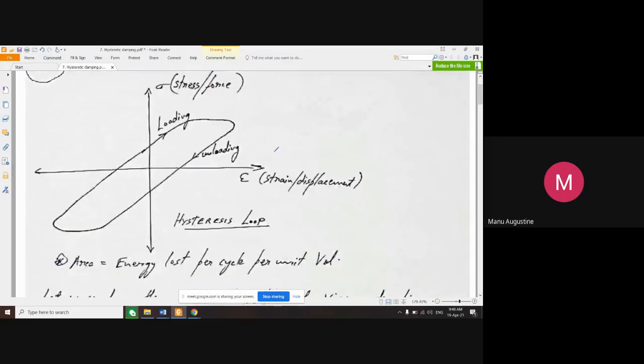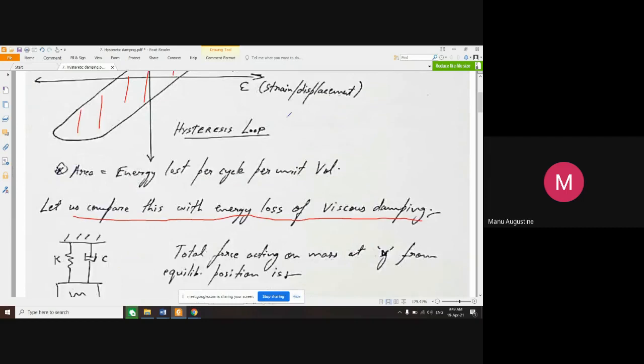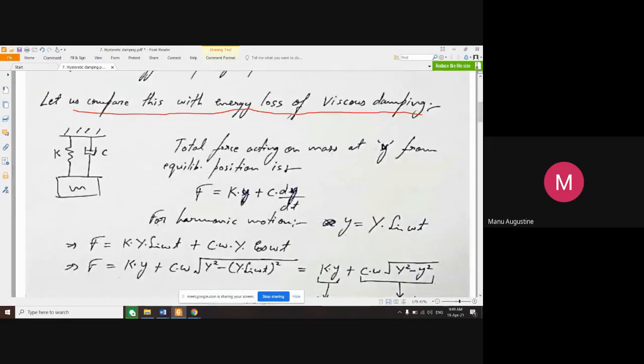See, since we are talking about energy loss in hysteresis loop, once you are able to make the hysteresis loop, you can at least get an idea of how much energy is lost per cycle per unit volume, whether you are unable to see the interatomic friction or not. Okay. But in the case of viscous damping, let us see how this energy could be calculated. Because viscous damping is totally understood by us, so it's easy to calculate a mathematical expression for energy loss for viscous damping. So what are we going to do?